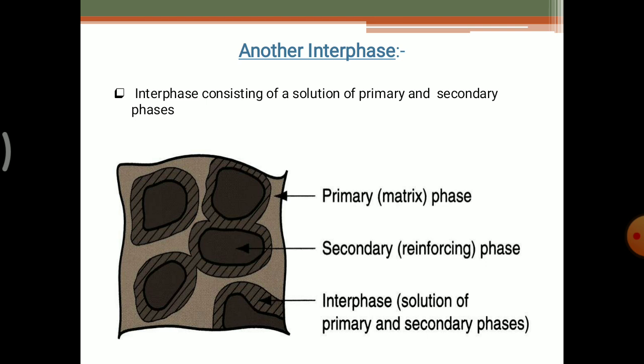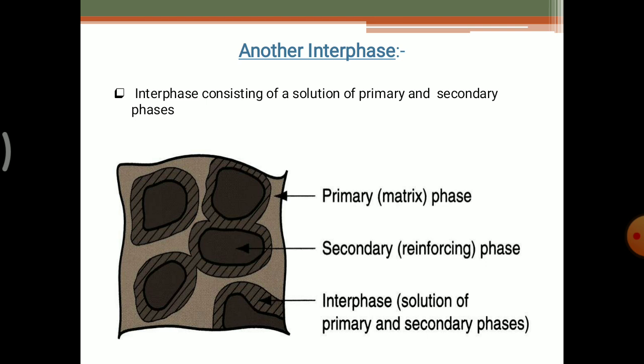But in the earlier interfaces we have seen the third ingredient as a catalyst, and in the first interface we are not using any different kind of third ingredient, and the boundary between the primary and secondary phase is known as the interface. So this is the basic difference between these three interfaces.